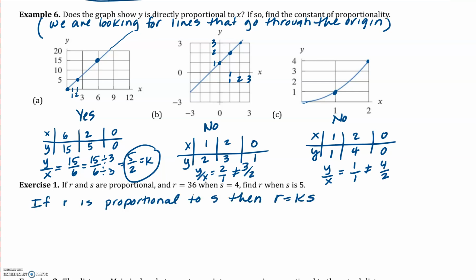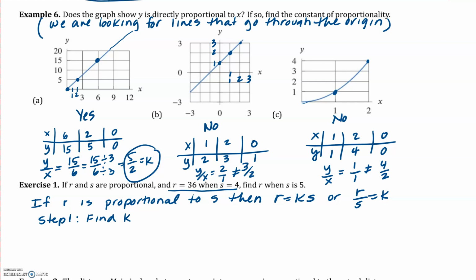If R is proportional to S, then the formula is, instead of Q equals KT, I'm going to call R, which goes alone, and it's equal to some KS. Or you could write it as R over S equal to a constant. You can find R. Well, I'm going to first find K. So step 1, I'm going to find K. So how do you find K?